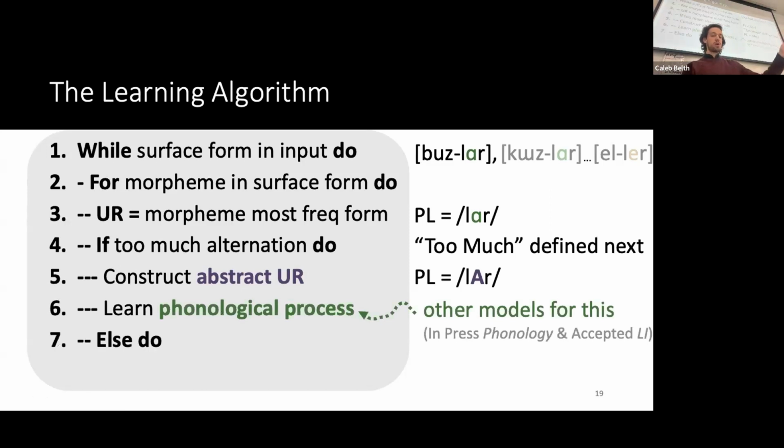Okay. Otherwise, if there's not so much alternation that it foils generalization, then the exceptions can be lexicalized. All right, so that's the pseudocode. I'll go through an example in a minute, but I first want to define what too much alternation means.